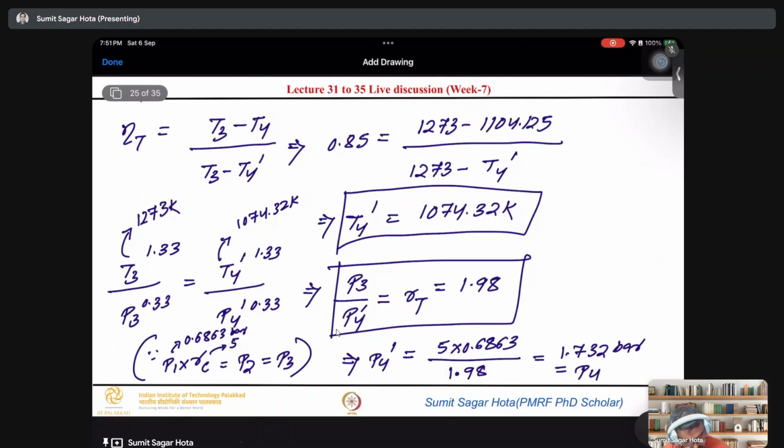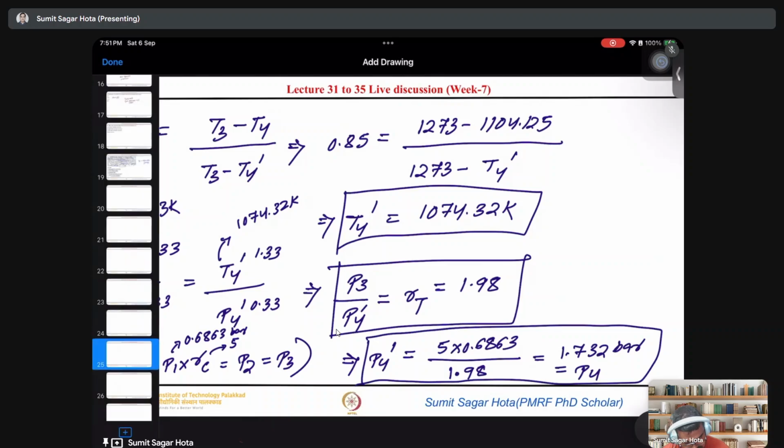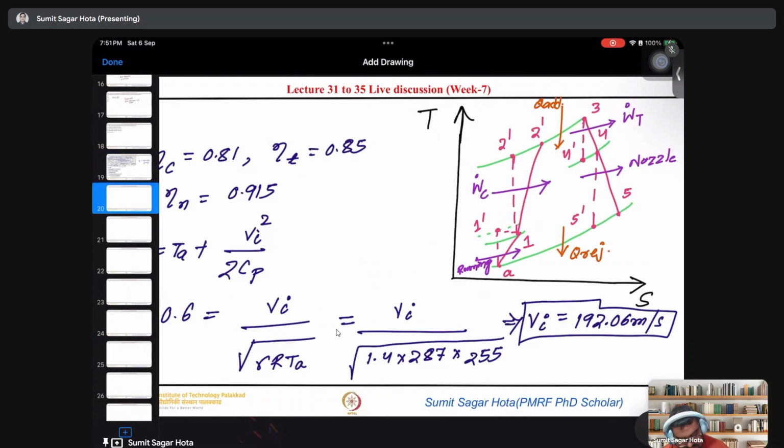P4 dash and P4 pressures are the same. In the cycle you can see both pressures are the same, 4 and 4 dash. So let's find out the pressure ratio in the nozzle.